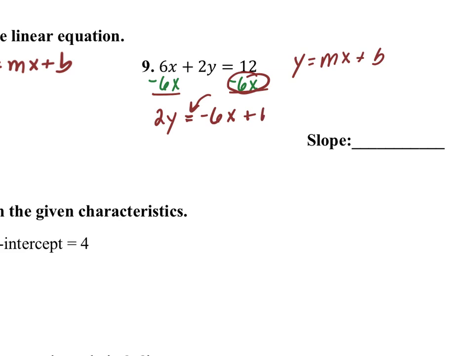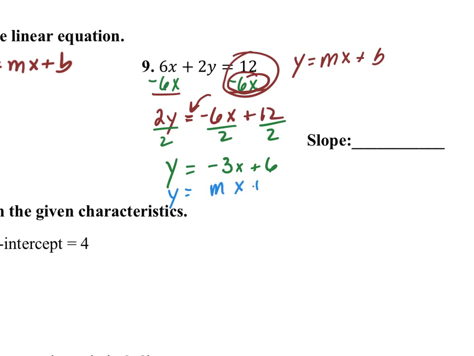And then plus 12. So there's our right side, that negative 6x and the 12. So there's step 1. Step 2, get rid of the coefficient of y. Negative 3x plus 6. And again, we're just comparing parts with this. And we can see the m has to be negative 3.